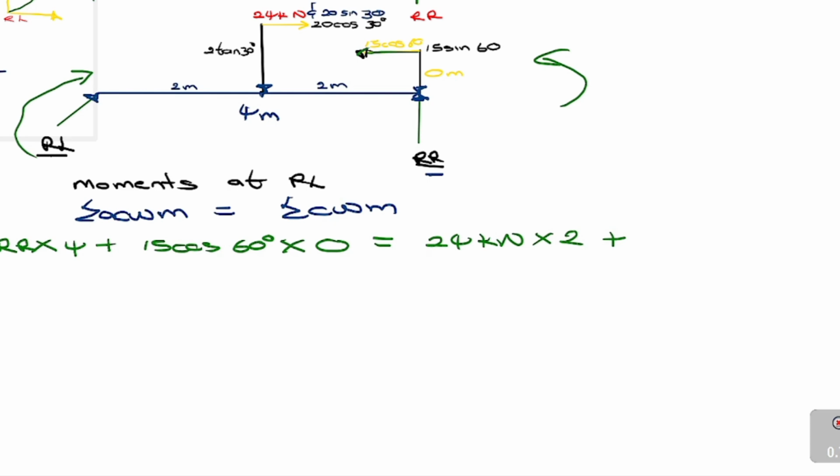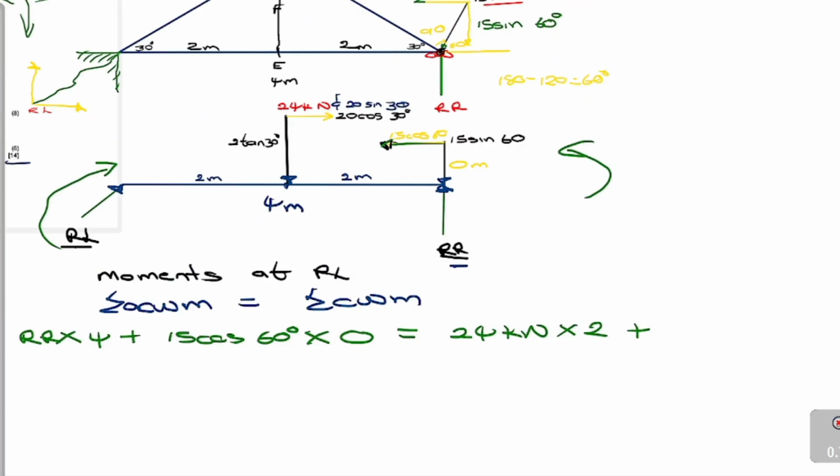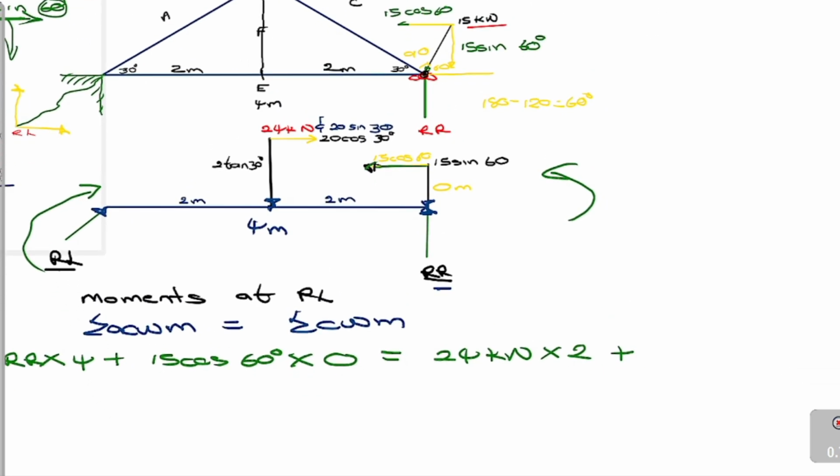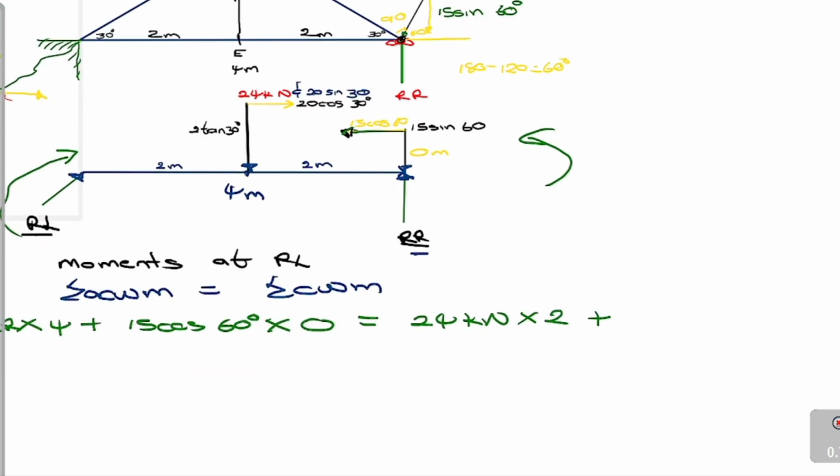Plus what else do we have? We have this horizontal. Oh no, we don't have. Before we get to the horizontal, we have the vertical member. Do you see? We have the vertical member of the wind load, which is 20 kilonewtons, right? Which I also indicated there. I indicated it as 20 sine 30 degrees, right? 20 sine 30 degrees.